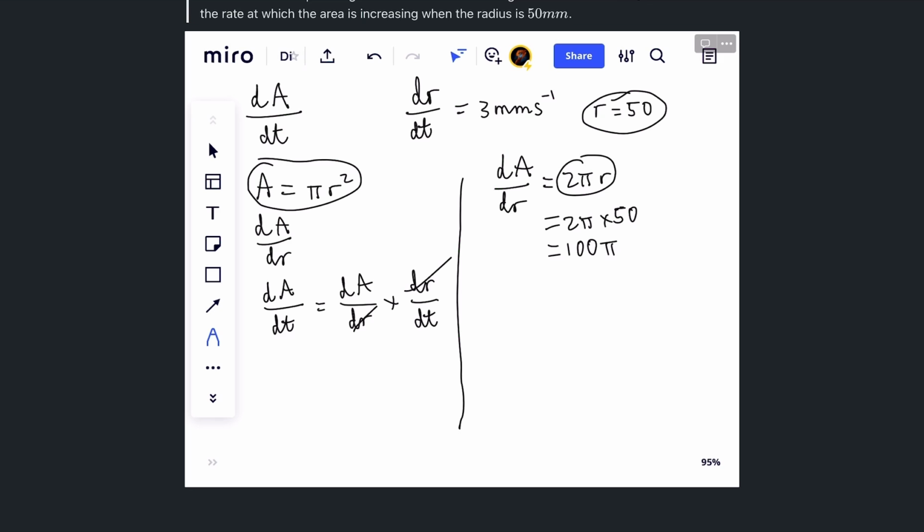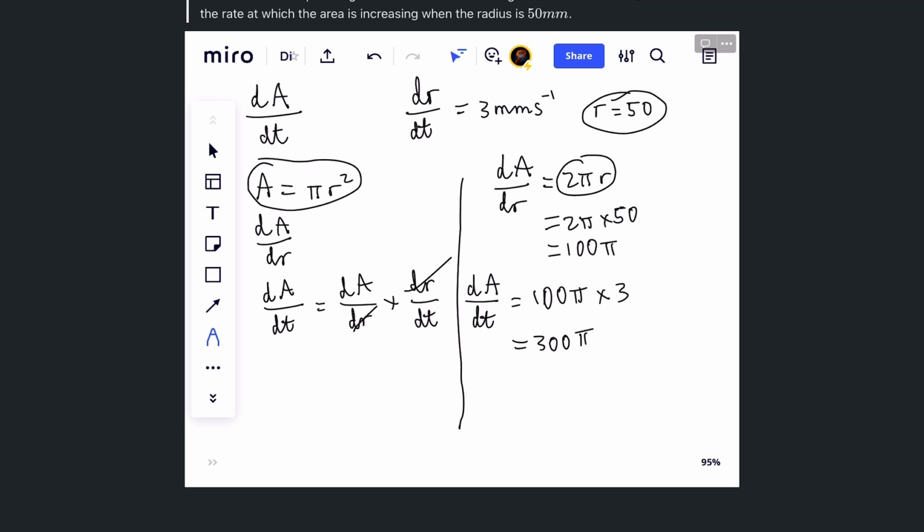I just put it in terms of pi so that it'll be more accurate when we get the final answer. Now we just plug it into the equation. dA over dt equals 100 pi, which is your dA over dr, times 3, which is your dr over dt, which is 300 pi. You just leave it like that if they ask for an exact value.